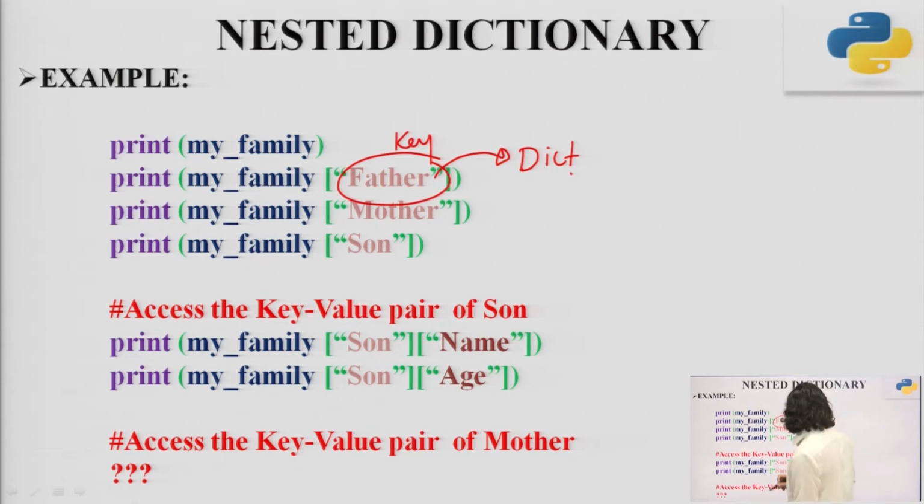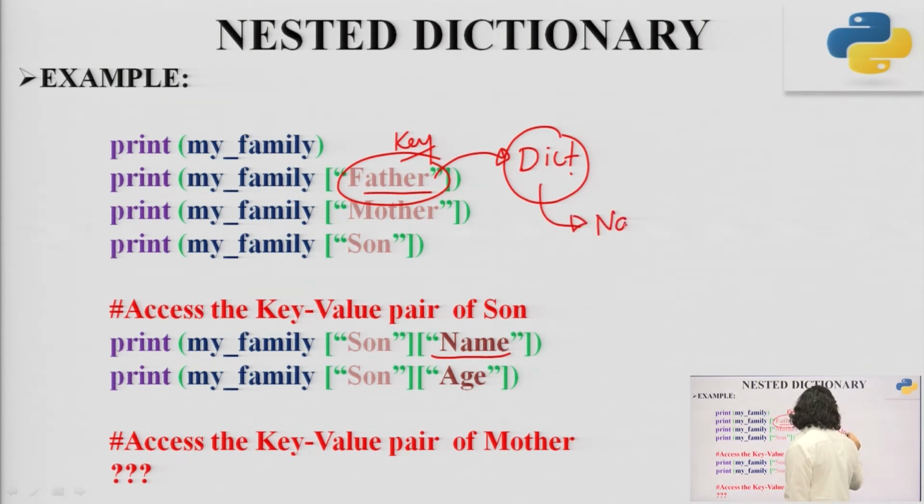So, we need to put another extra piece of information beside this key element to refer to the key element of the same dictionary. That means this father is referring to the key element of my family, followed by the name, which is the name as the key element of father.